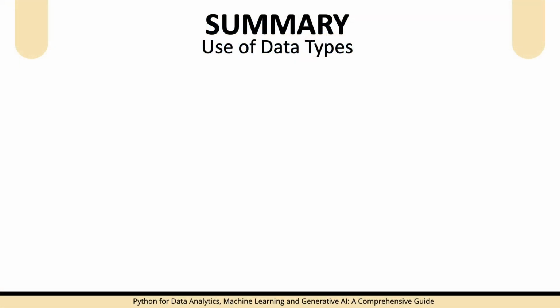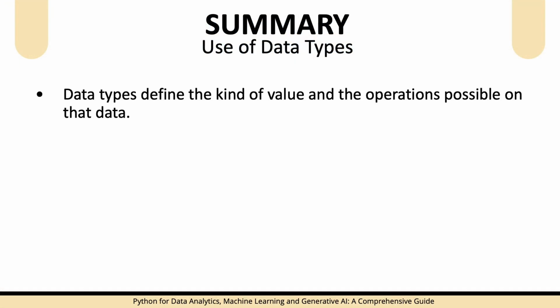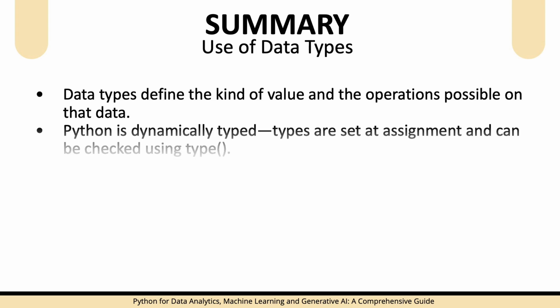To summarize, data types define the kind of value stored and determine what operations can be performed on that value. Since Python is dynamically typed, the type is decided at the time of assignment and can be checked using the type() function.